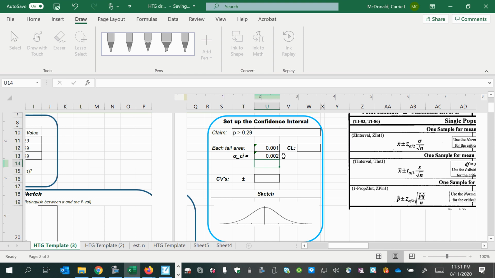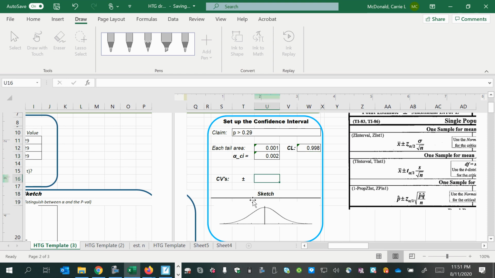If you did a two-tailed hypothesis test, don't double the alpha. Keep it what it was before, and then your confidence level will be 1 minus the alpha. So it's a 99.8% confidence level for a confidence interval.